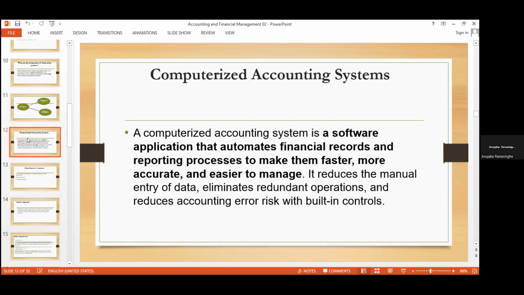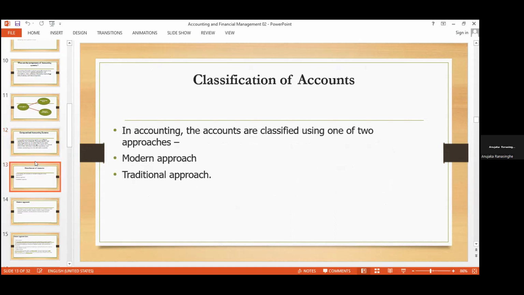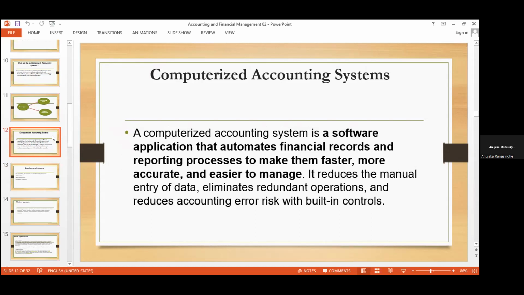For preparing accounting statements at the end of your module, we can get general knowledge, go through this slide and lessons. Accounting systems are one small part and classification of accounts is another small part given by your module. You get general knowledge for this lesson.